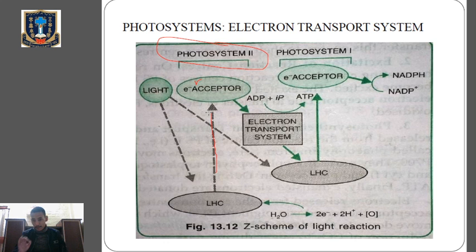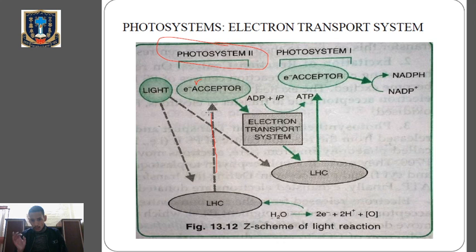Clear? Now that electron acceptor mainly consists of cytochromes. In the last class we learned about the composition of PS2 and PS1.